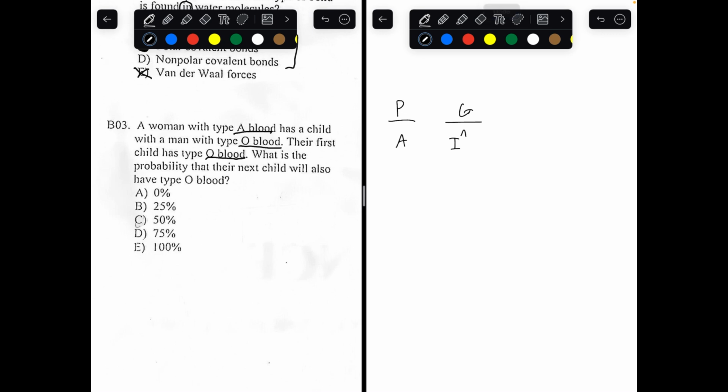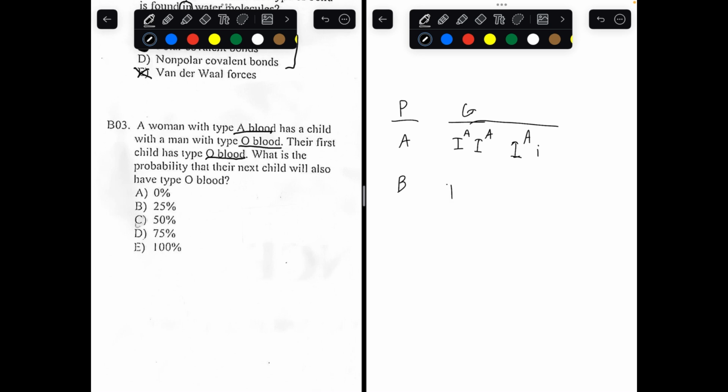We can either have another capital I A, or we can have capital I, lowercase i. Lowercase i in this case, because blood type is both codominant and normal dominance, i is the recessive allele, so A will overshadow the i.